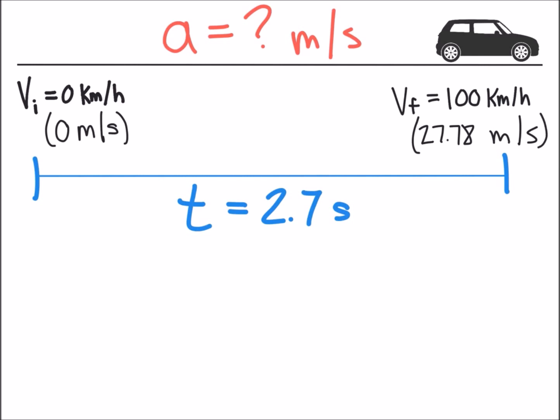Now we can rewrite our formula. Acceleration equals the change in velocity divided by the change in time.